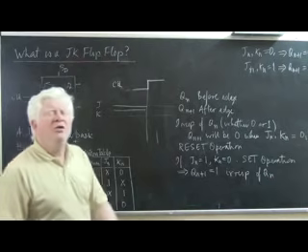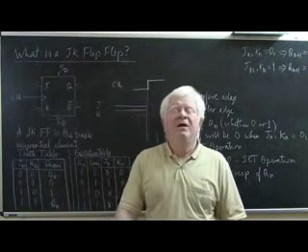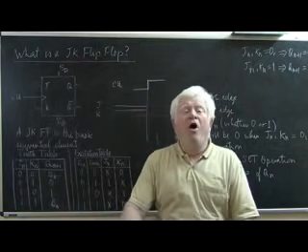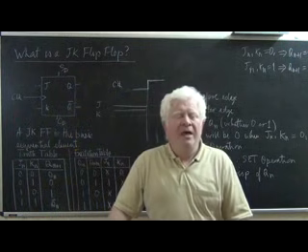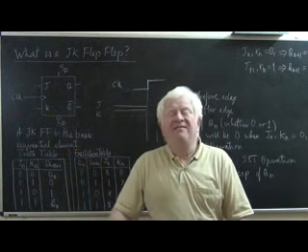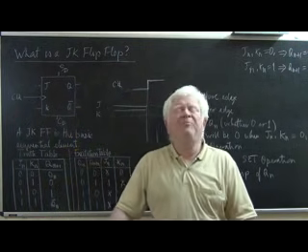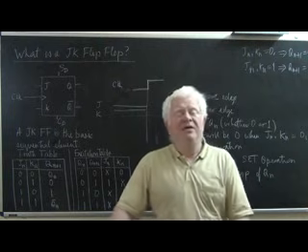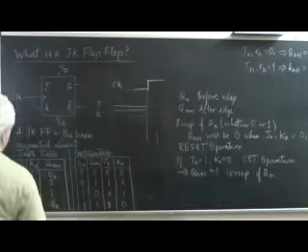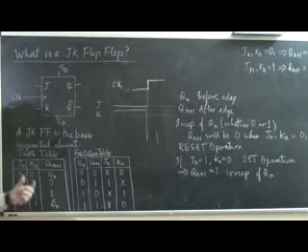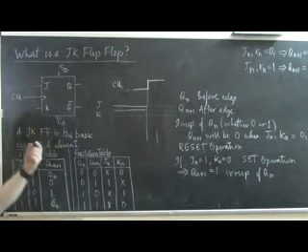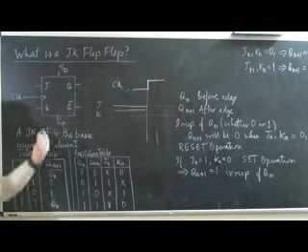It represents what the flip-flop will do on specific inputs at the next clock edge, subsequent to the next clock edge. So please understand the significance of these subscripts over here. Jn and Kn represent input values, Qn represents the output value before the clock edge.